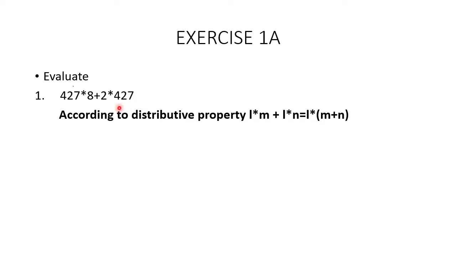If you observe it carefully, this problem is in the form of L into M plus L into N. Here L is 427, M is 8, and here again L is 427 and 2 is N. According to this property, L is 427 and M is 8 and N is 2.